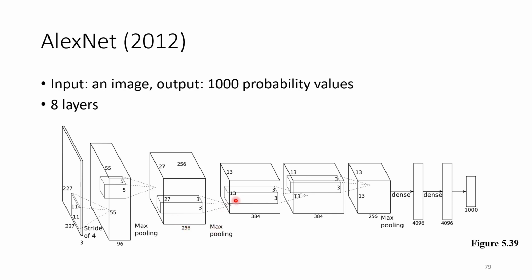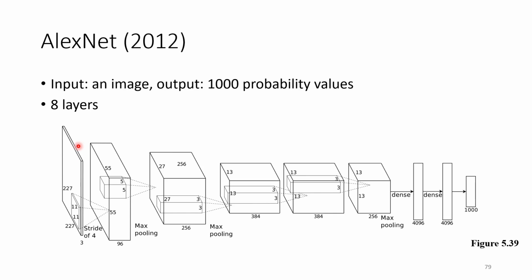However, I want to say LeNet was developed to classify digits. And AlexNet was developed for the ImageNet challenge. So the output is 1000 probability values. And the input resolution is 227 square, so it is much larger than the input of LeNet.